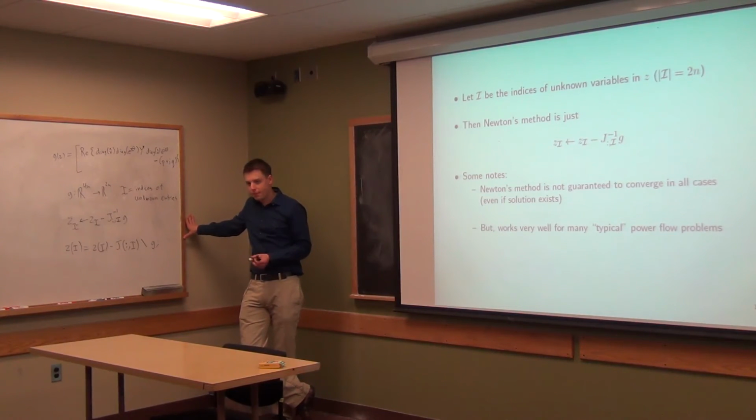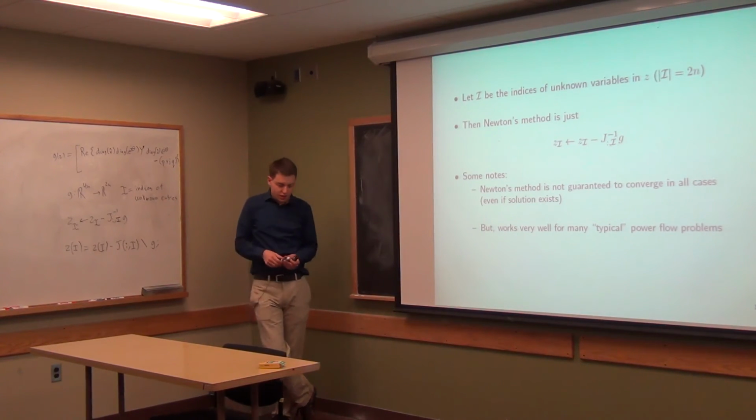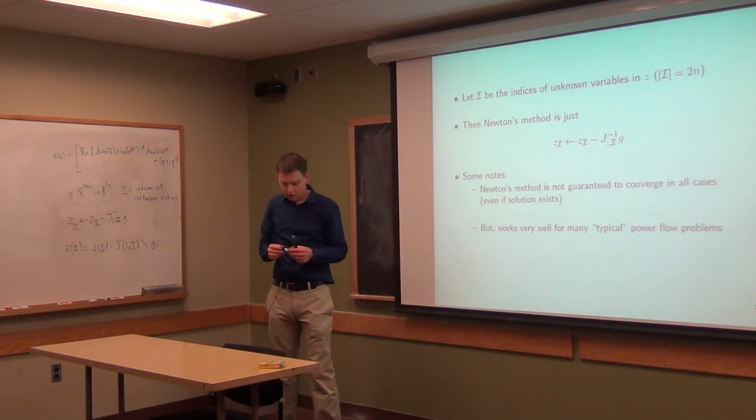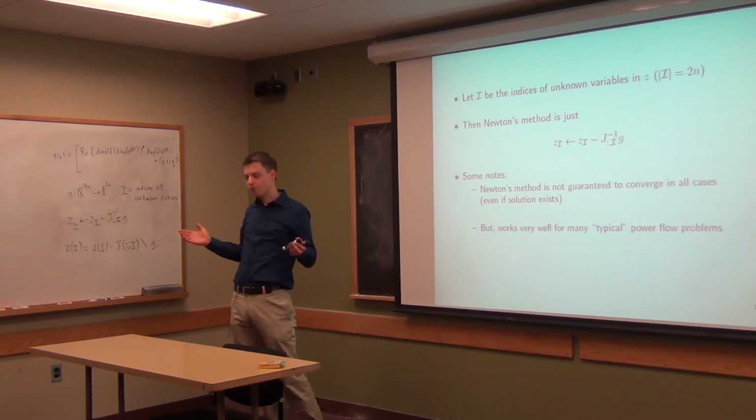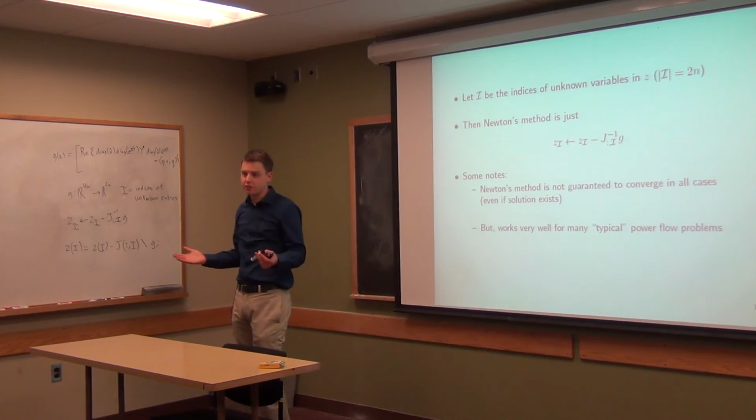Now, a big caveat here is that Newton's method is not guaranteed to find a solution for these problems. First of all, we have nonlinear equations. They may just not have a solution, period. You can pretty easily come up with powers and voltages that you cannot solve physically.